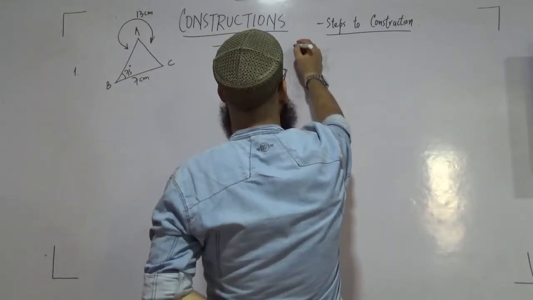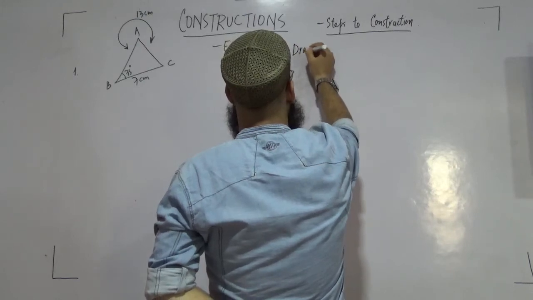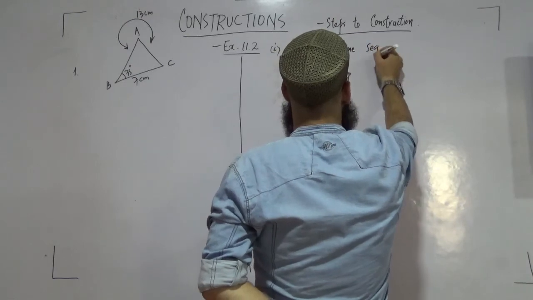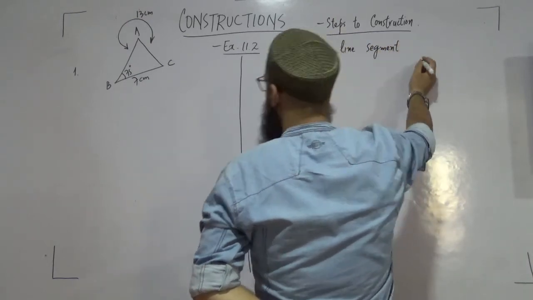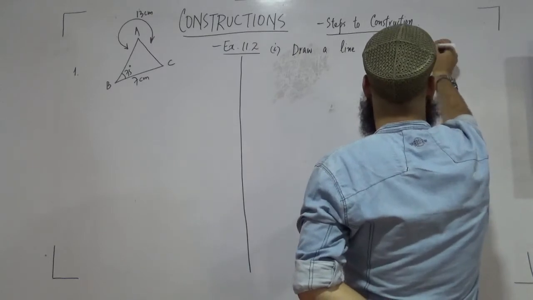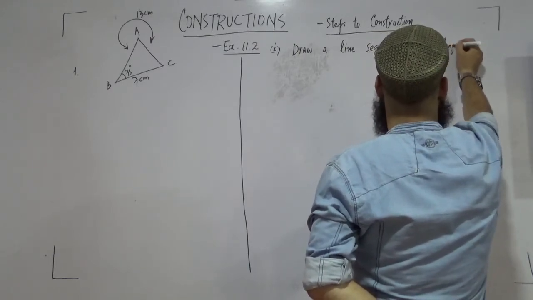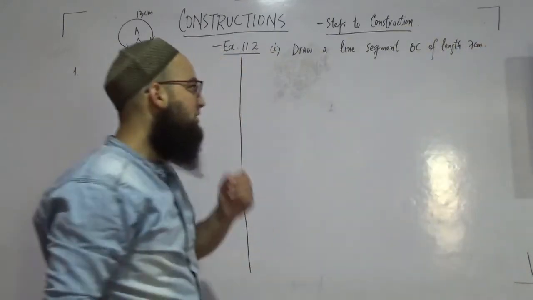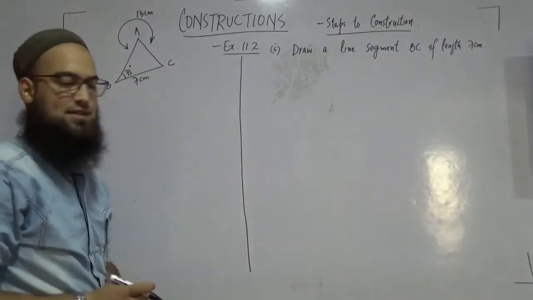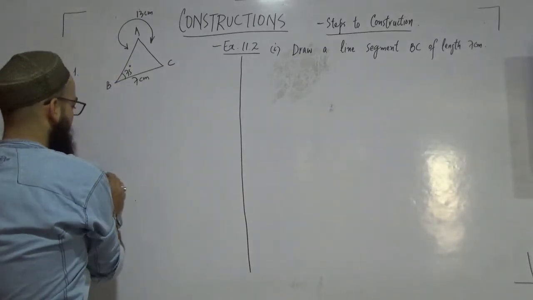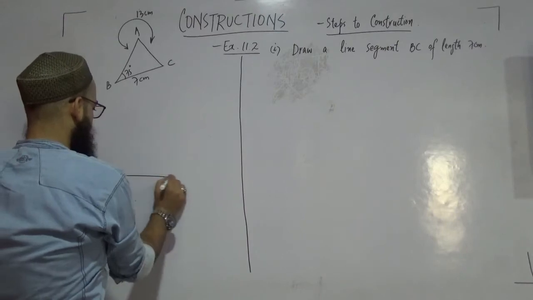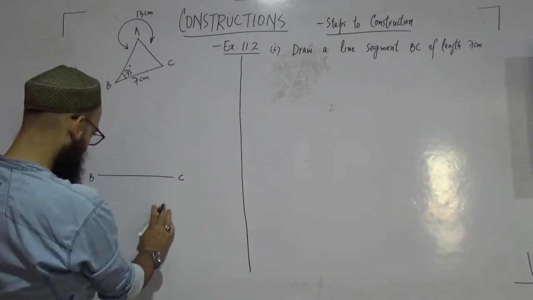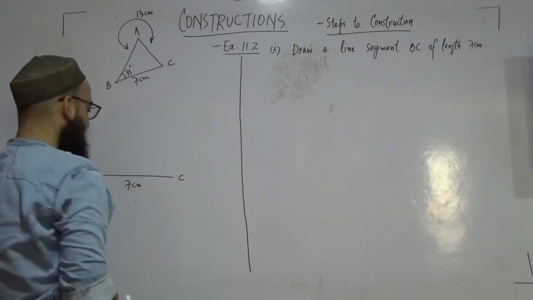Draw a line segment BC of length 7 centimeters. So first of all, you are going to draw a line segment BC of length 7 centimeters.